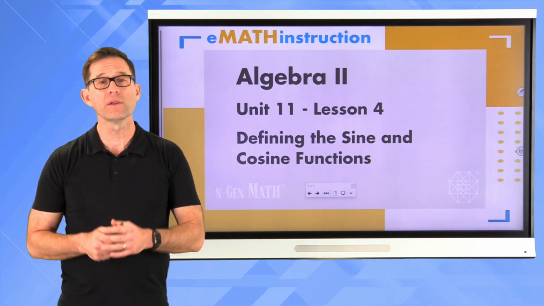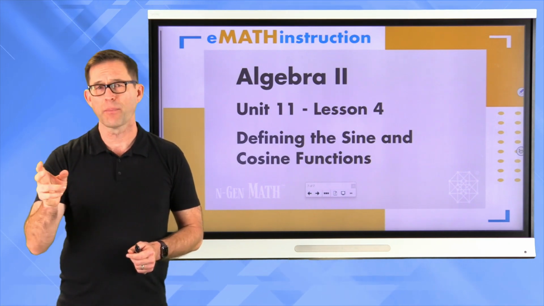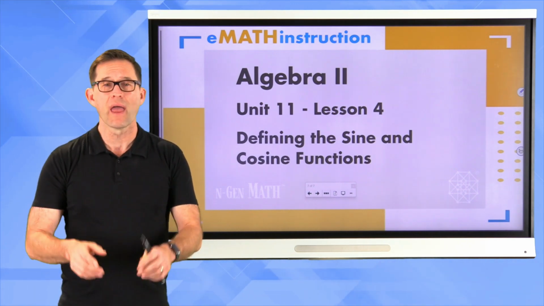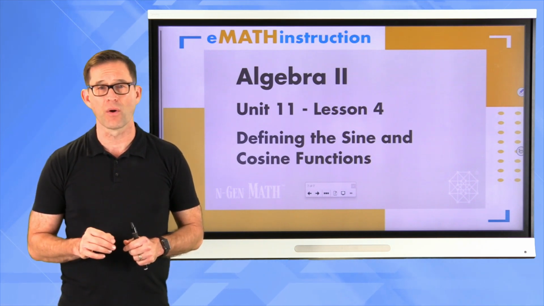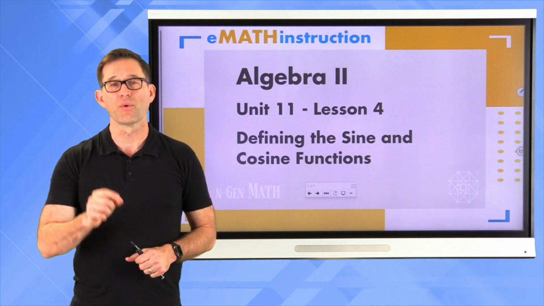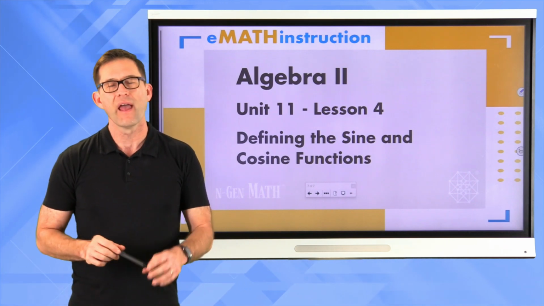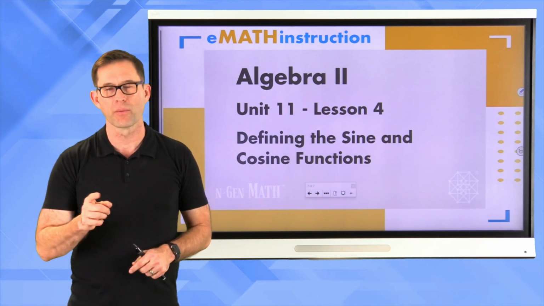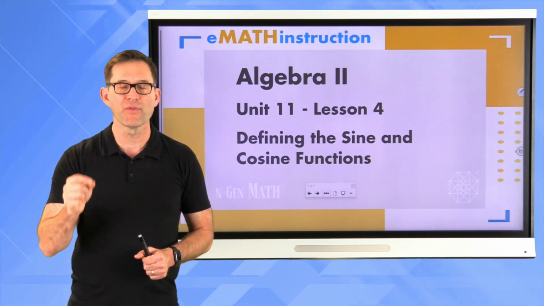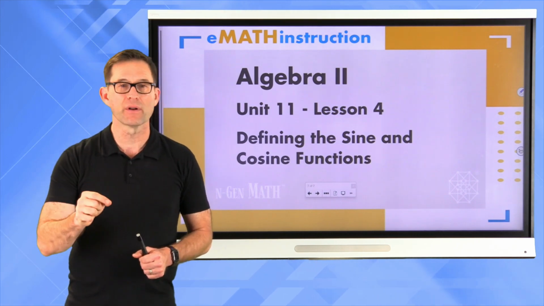And we took what we learned in right triangle trig, which was the sine was defined as opposite over hypotenuse, cosine was defined as adjacent over hypotenuse, and we oriented ourselves in the unit circle, and that allowed us to then consistently say that the sine of the angle was equal to the y-coordinate where the terminal ray of an angle passes through the unit circle, and the cosine is the x-coordinate where the terminal ray passes through the unit circle. And again, I want to emphasize that is the most important thing that you can memorize in terms of trigonometry. Make sure to know it.